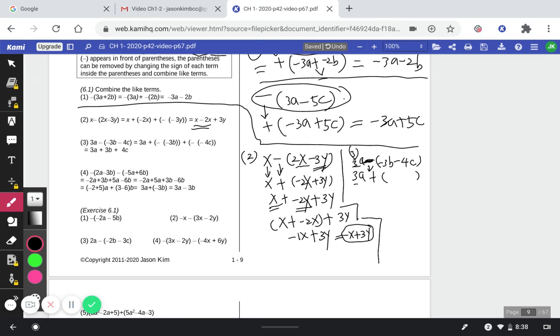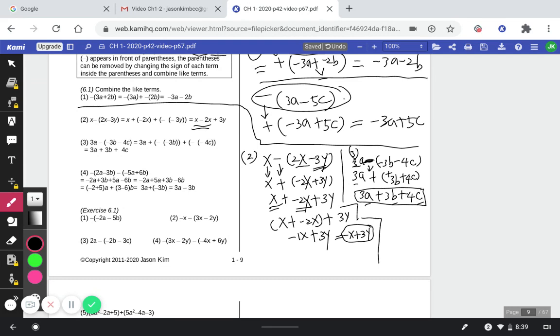So negative 3b becomes positive 3b, minus 4c ends up as plus 4c. If I rewrite this and remove the parentheses, because plus with the parentheses, you can just remove it, you end up with 3a plus 3b plus 4c. Now you cannot combine any of those terms because one ends with a, one with b, and one with c, so they are not like terms.